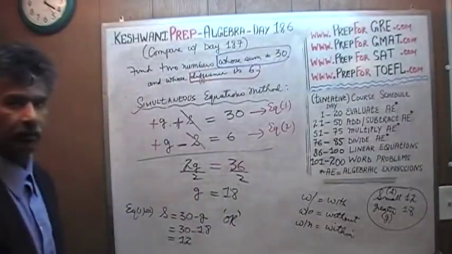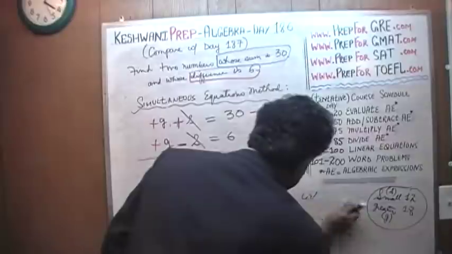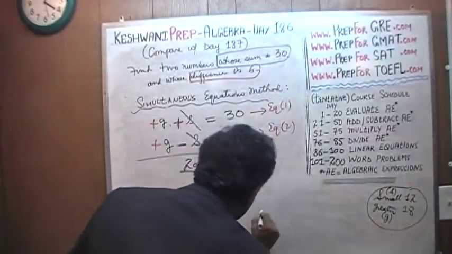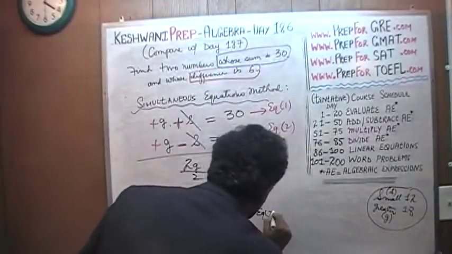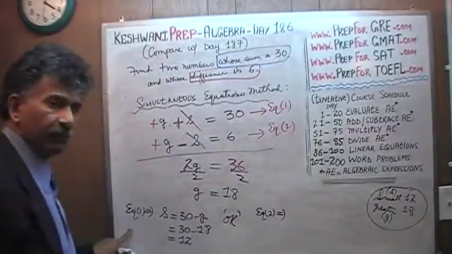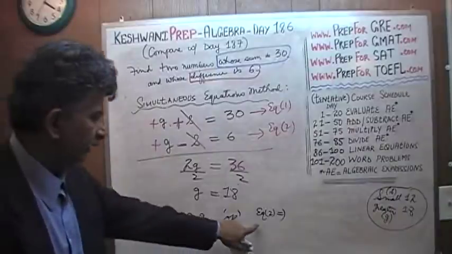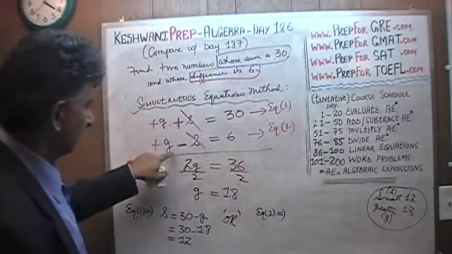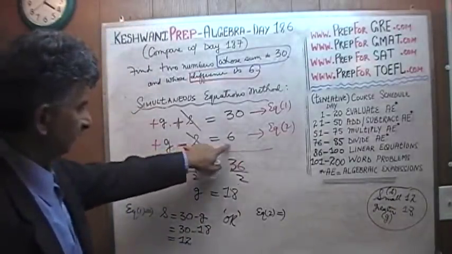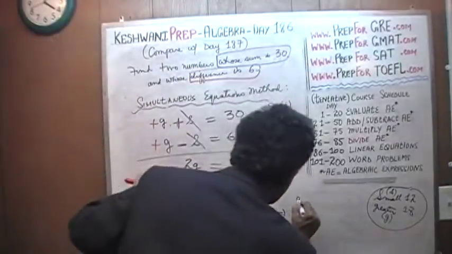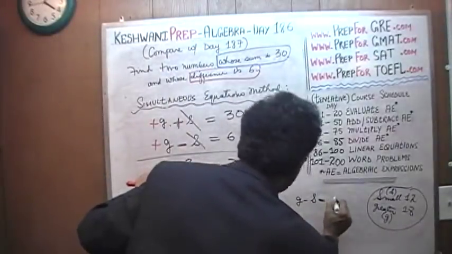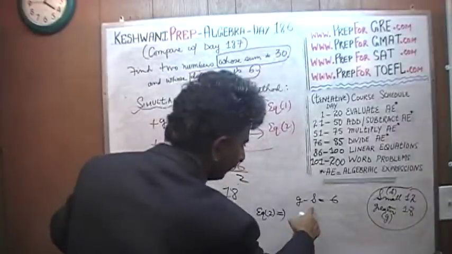Or we could have used the second equation to solve for the small number. The second equation says g minus s equals 6, and we have to solve for s.